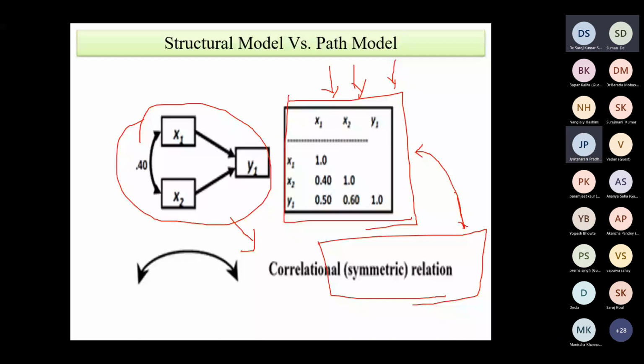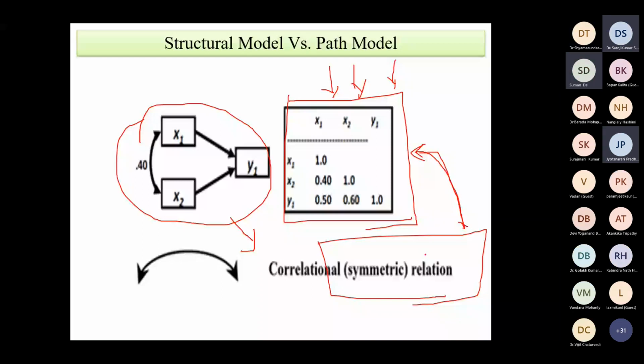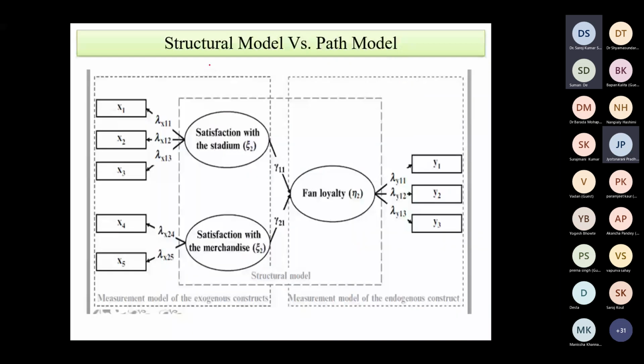That means the output correlation matrix should fully explain the input correlation matrix. Simply for this purpose, I have shown this slide, nothing else. Now look at here. This will give you better clarification regarding SEM and the path analysis. Look at here.